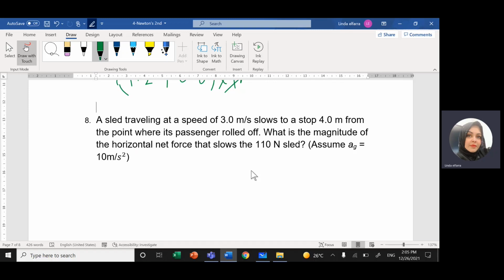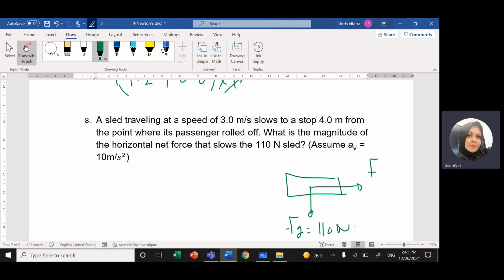What is the magnitude of the horizontal net force that slows the 110 sled? Assume acceleration due to gravity is 10 meters. So there is a sled. Weight of the sled is 110.